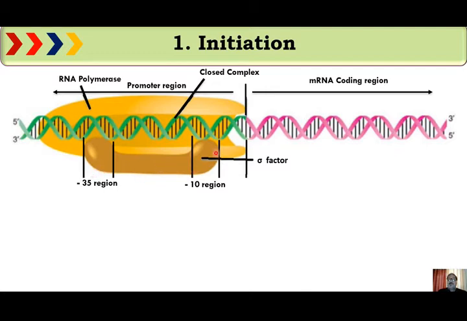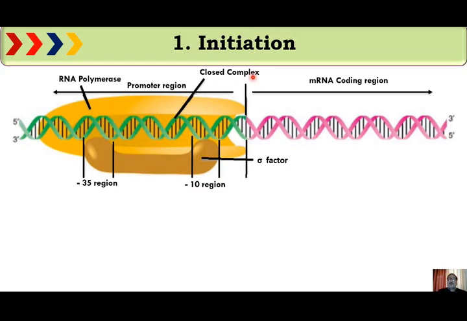This is the Pribnow box, which is at the -10 upstream region. This is the recognition sequence, which is at the -35 base pair sequence in the upstream side. And so these are the two binding, and then this we call the closed complex.